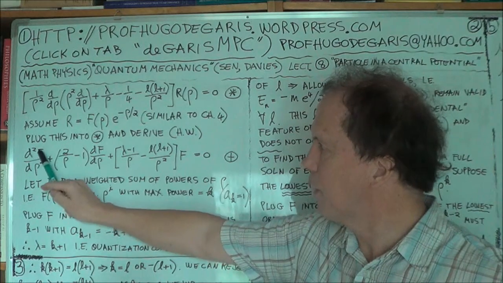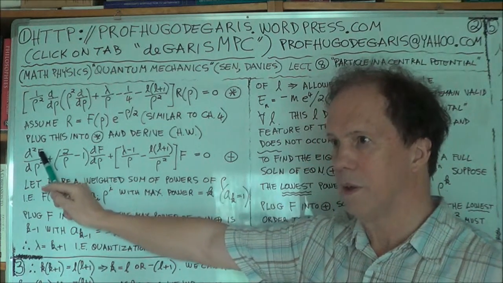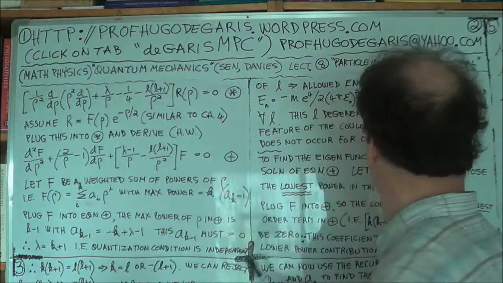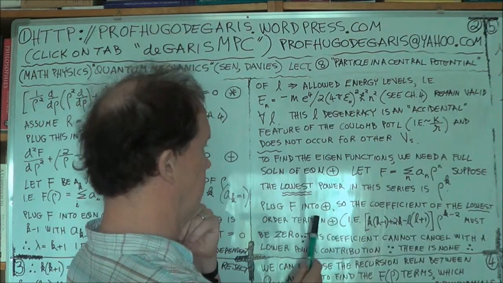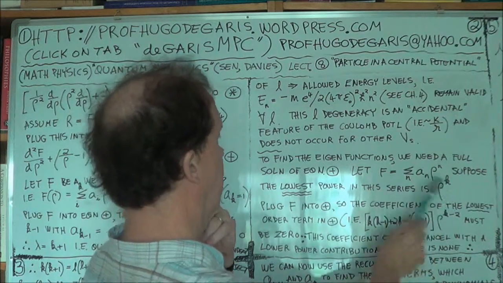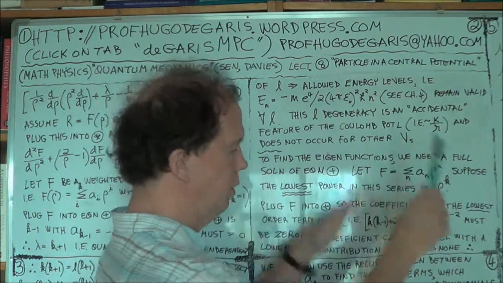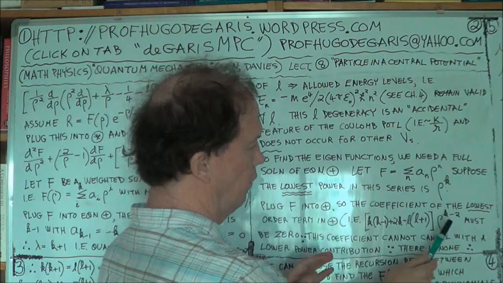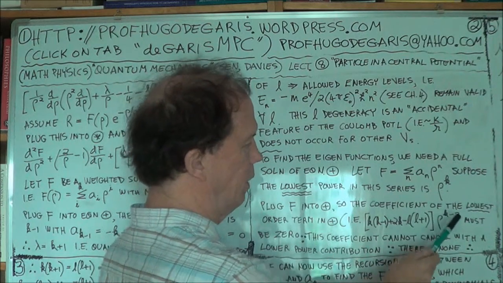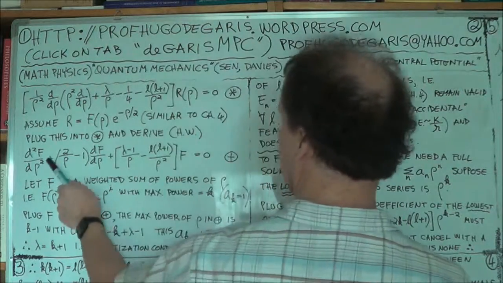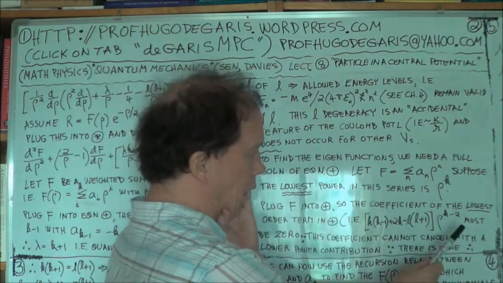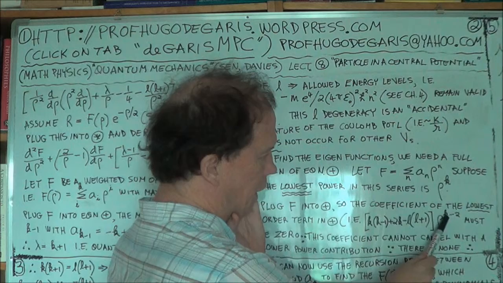Now, your f will have a smallest term, which we agreed would be k, right? That's the lowest term. And we're trying to find the coefficient of the rho with the smallest power after you've done all the differentiating in this equation. And that smallest power will be k minus 2.